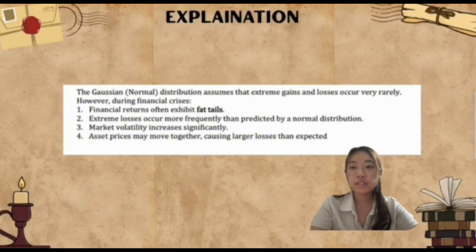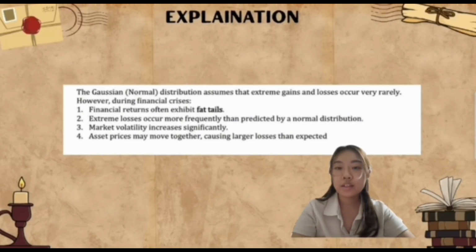Based on the market realities, we observe a few critical structural shifts. First, financial returns often exhibit fat tails. This means that extreme losses occur much more frequently than a standard normal distribution would ever predict. Secondly, during a market crash, market volatility increases significantly, which violates the static parameter we usually input into Gaussian models.